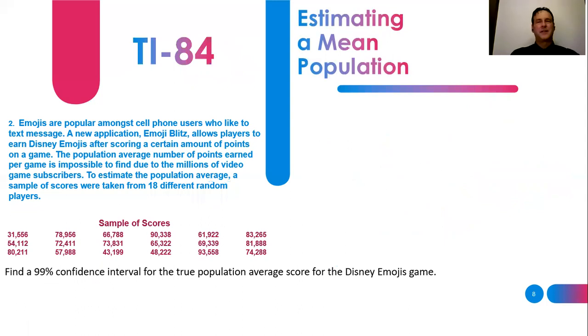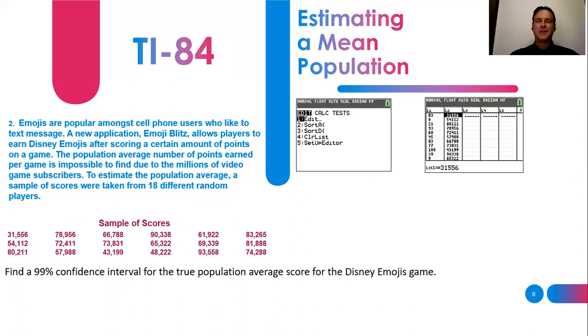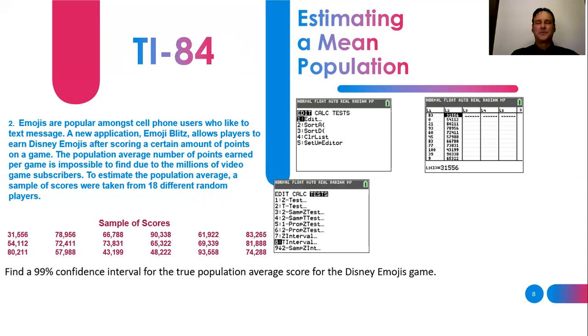Okay, so here's the TI-84 representation. I'm going to go to edit. I'm going to put everything, in this case, into my L2. And I'm going to go to stats, just to remind ourselves, stats, tests.